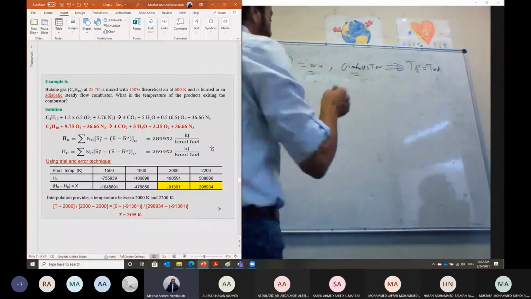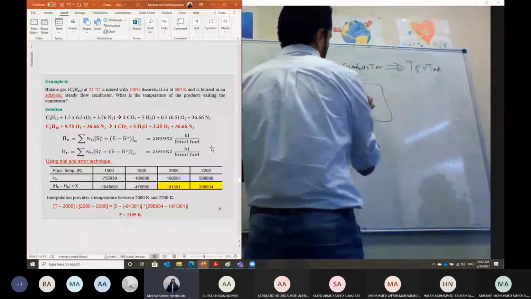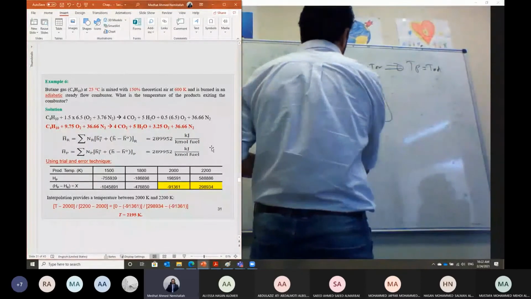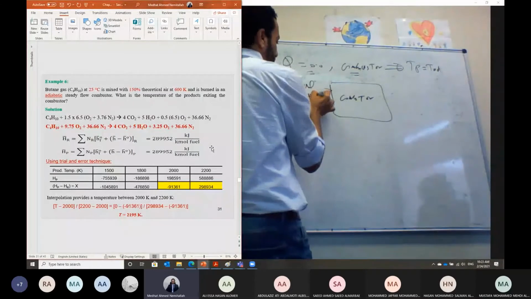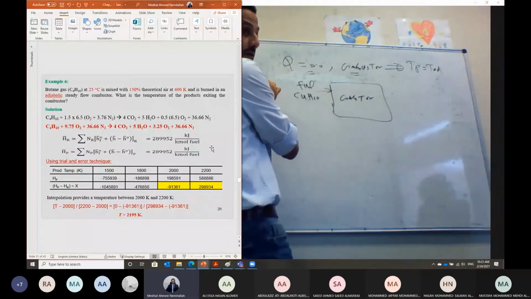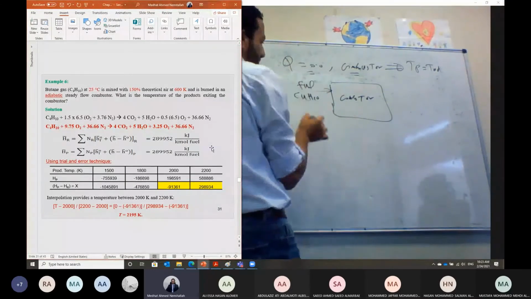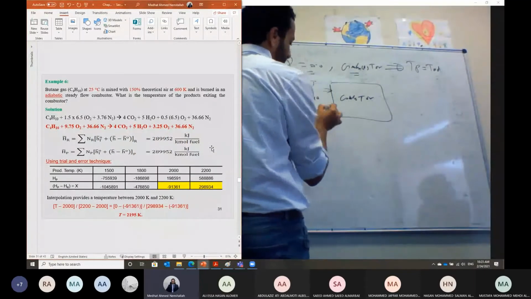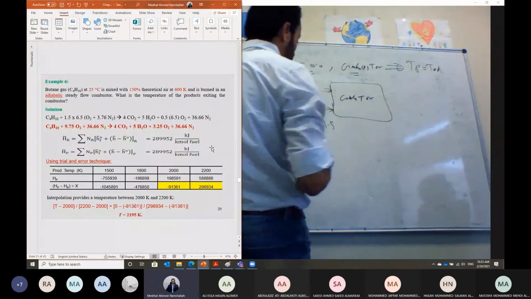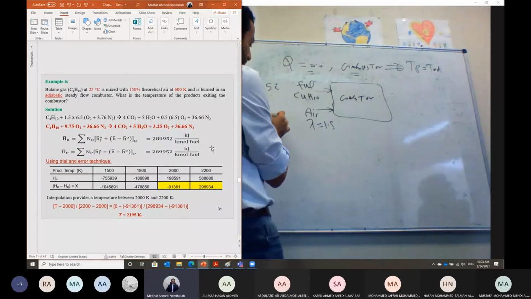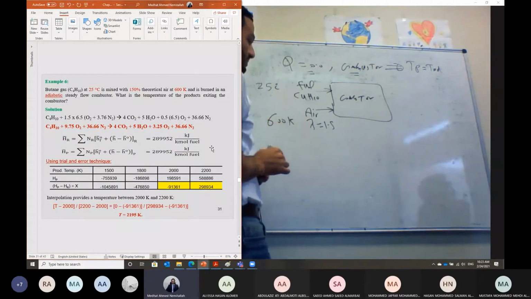Okay, so this is the combustor. We have fuel coming in. This fuel is C4H10, which is butane, coming at 25 degrees C, and is burned with air at 150% theoretical air, so lambda is equal to 1.5. This air is coming at 600 Kelvin.